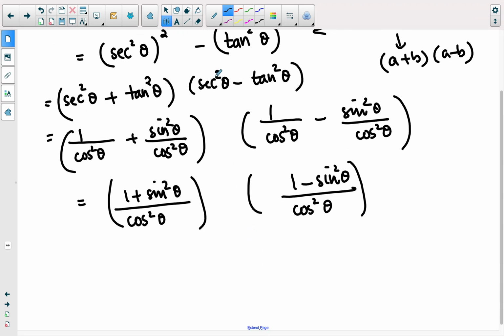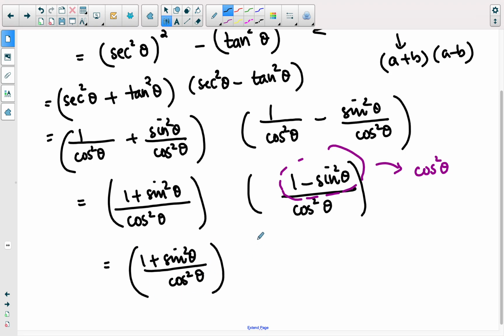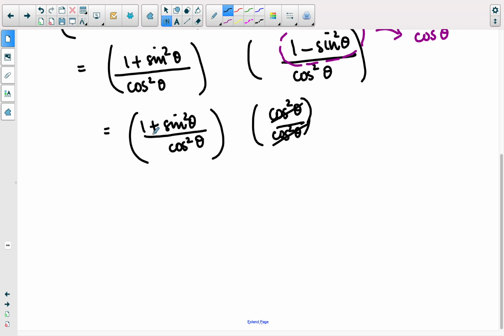Now doing this, I noticed that this can be rewritten as cos squared theta from the trig identity that sine squared theta plus cos squared theta equals 1. So 1 plus sine squared theta divided by cos squared theta stays. And this can be written as cos squared theta divided by cos squared theta. This cancels out and I get 1.